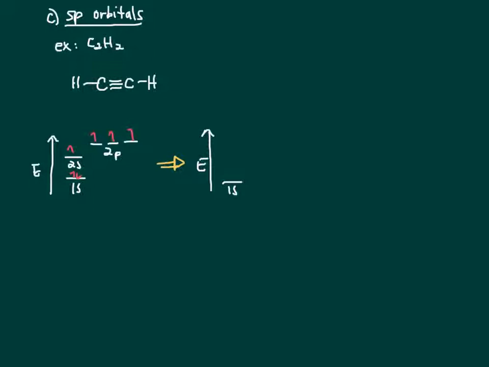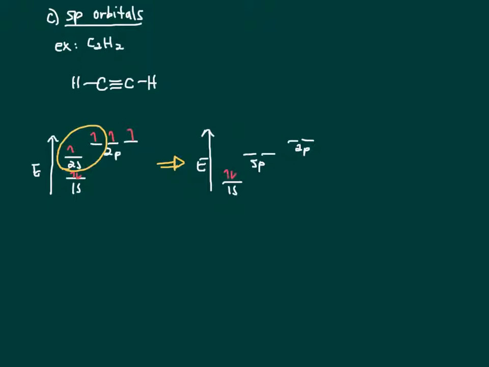In this case, and if you look at it, it makes sense, sp, so 1 s and 1 p. The 2s and one 2p orbital are going to mix. You're going to get 2 orbitals called sp orbitals, and then you'll have your leftover 2p orbitals up here that remained unchanged.